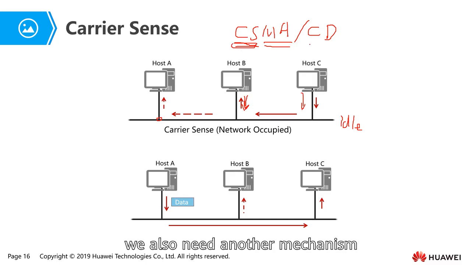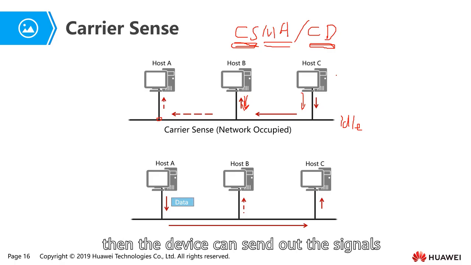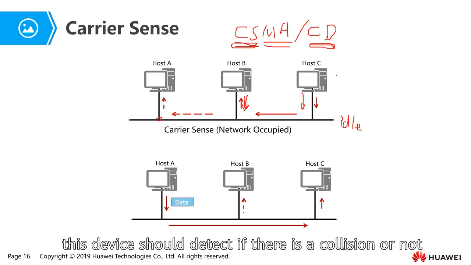We also need another mechanism we call collision detect. That means when the media is idle, the device can send out the signals, but at the same time this device should detect if there is a collision or not.